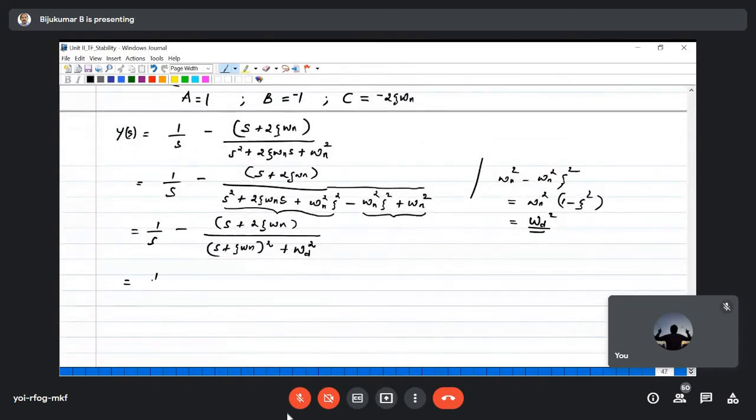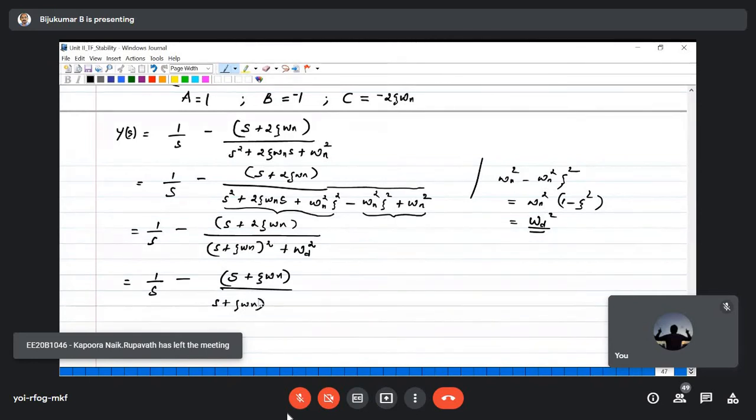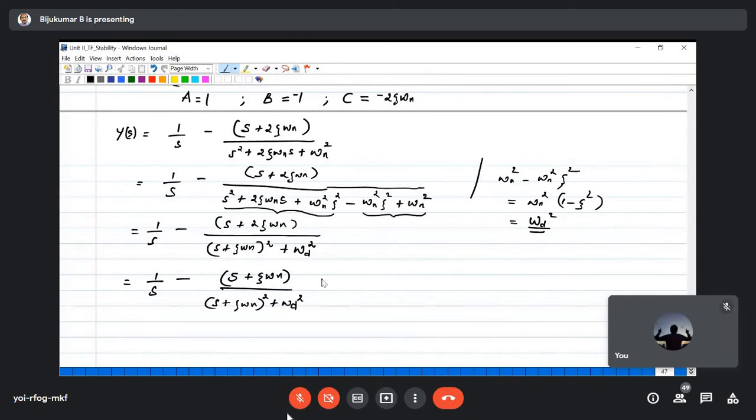So we can write 1 by s minus (s plus zeta omega n) divided by (s plus zeta omega n) the whole square plus omega d square, right, minus one more zeta omega n divided by (s plus zeta omega n) the whole square plus omega d square, right.